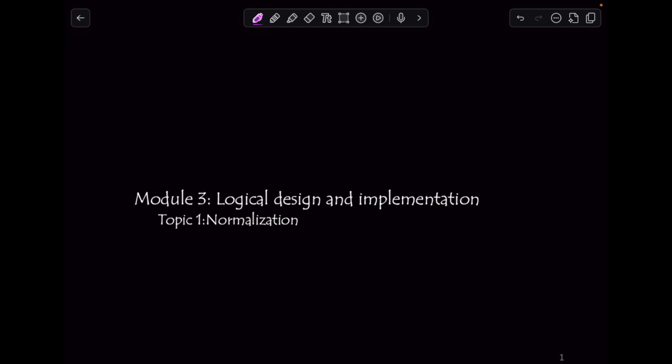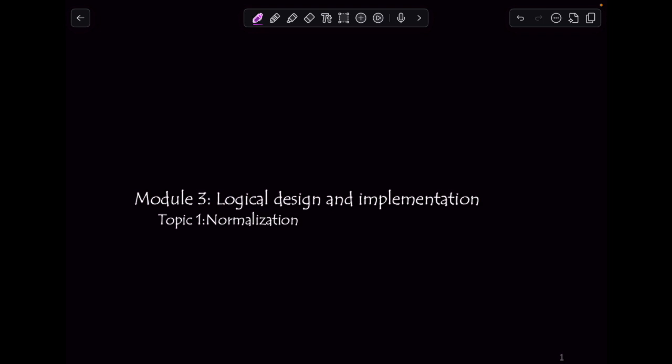But before we directly move on to the next step, logical design, I want to add two more topics about normalization. I'm going to explain in detail shortly what normalization is, but basically it is a kind of checkpoint of how good your conceptual model is, whether you are ready to move on to logical modeling.